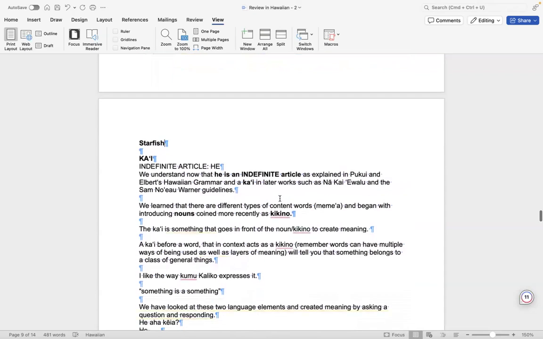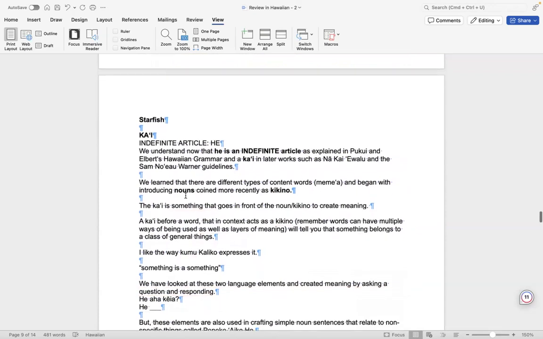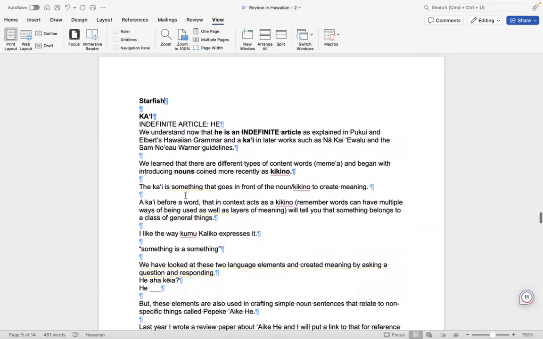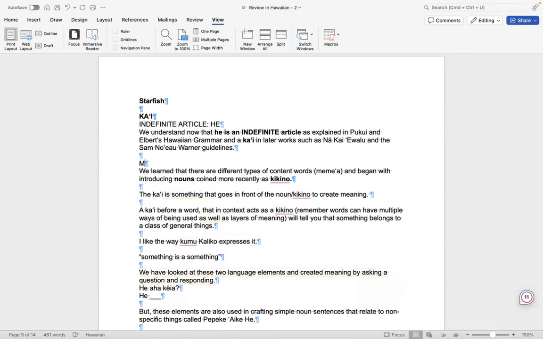And then later it's called a kaʻi in Nakai Abalu and also the Sam Noʻeau Warner Guidelines. We learned that there are different types of content words, which are called memeʻa, and we began with introducing nouns, which is called a kikino. Tidy this up.